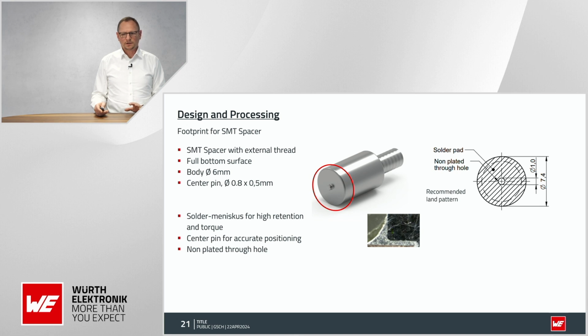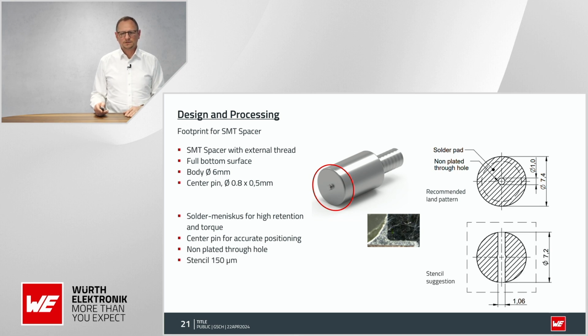That's another topic I want to dive into in a minute. Stencil recommendation is about 150 microns of solder paste. This maybe seems a little bit big for you, but an important point is that in your calculation of the solder paste, you need to bear in mind that about 50% of the solder paste is fluxes and activators, and they disappear during the reflow process.